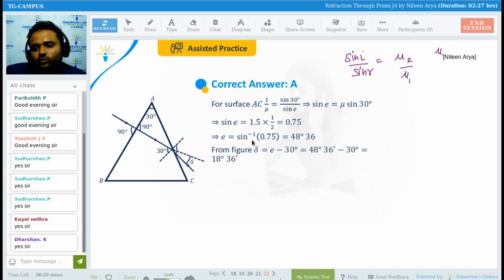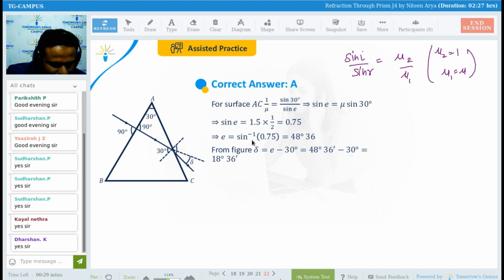Here mu 2 is 1 because of air, mu 1 is mu because of the medium. Angle i here is given directly as 30 degree. Angle E, which is the angle of emergence, is what we need to find.